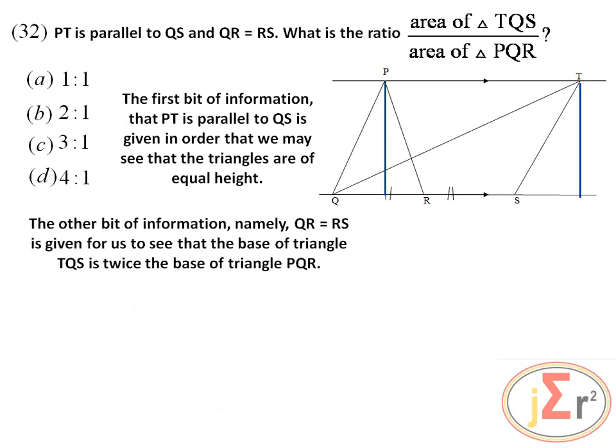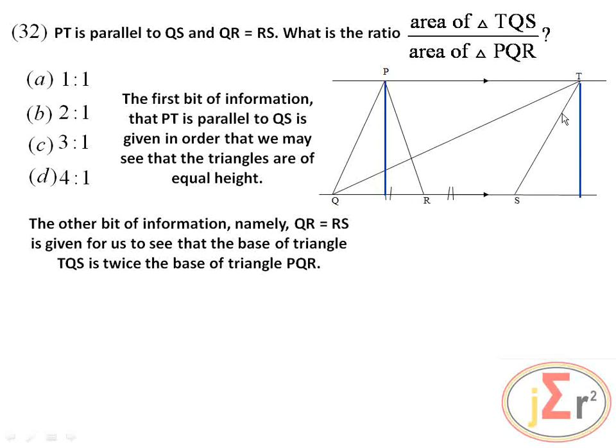The other bit of information, namely that QR is equal to RS, is given for us to see that the base of triangle TQS is twice the base of triangle PQR. So we are told that QR is equal to RS. Therefore, from Q to S is twice the distance from Q to R, and also twice the distance from R to S. We are sure that QS is twice QR.